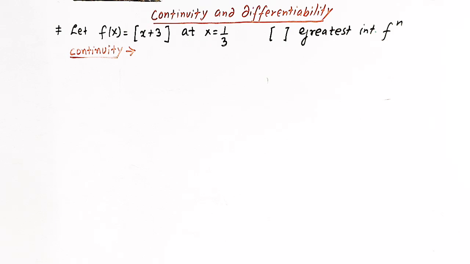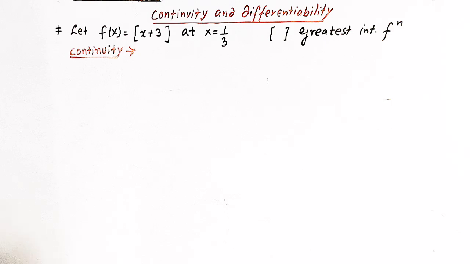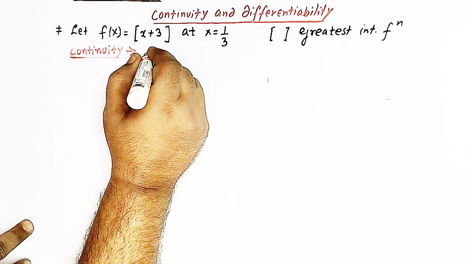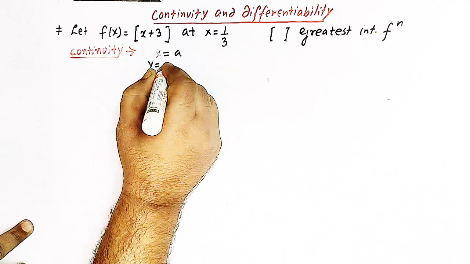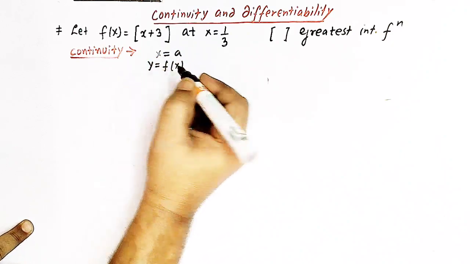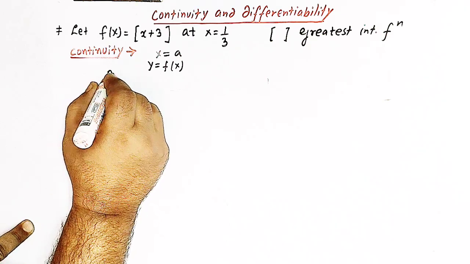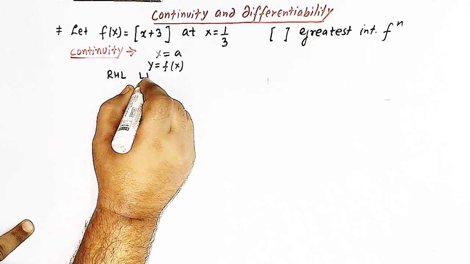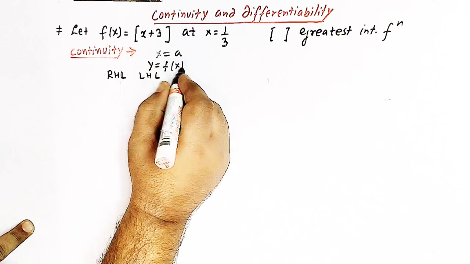Let us first see the continuity of this function. To prove the continuity of a function y = f(x) at a given point x = a, we find the right hand limit, the left hand limit, and the value of the function at the given point.